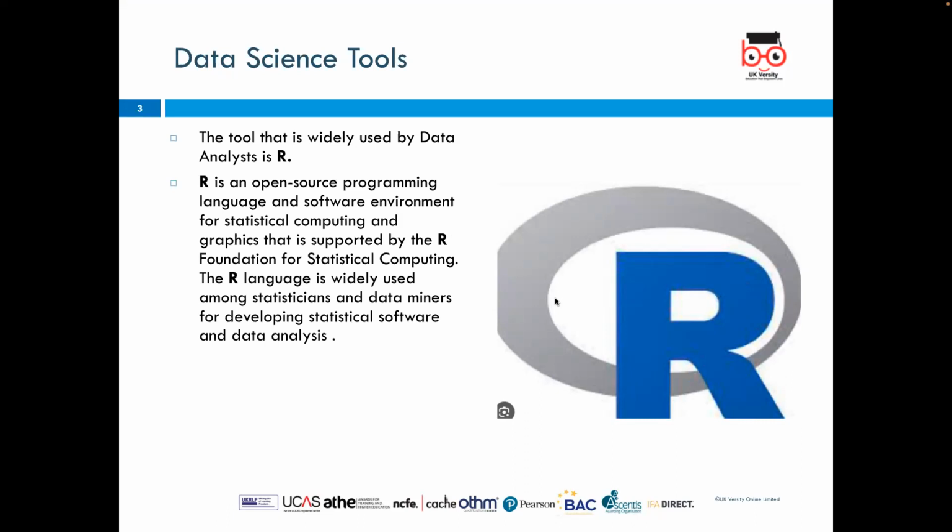The tool that is widely used by data analysts is R. R is an open source programming language and software environment for statistical computing and graphics that is supported by the R Foundation for Statistical Computing. The R language is widely used among statisticians and data miners for developing statistical software and data analysis.